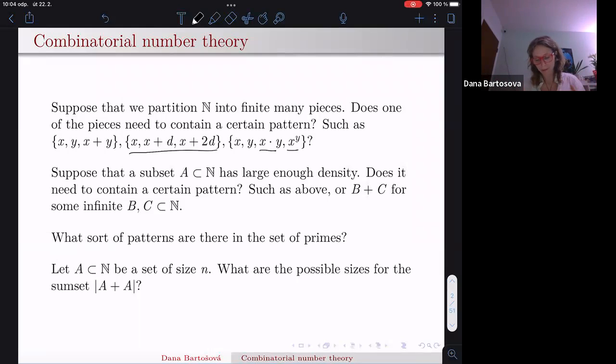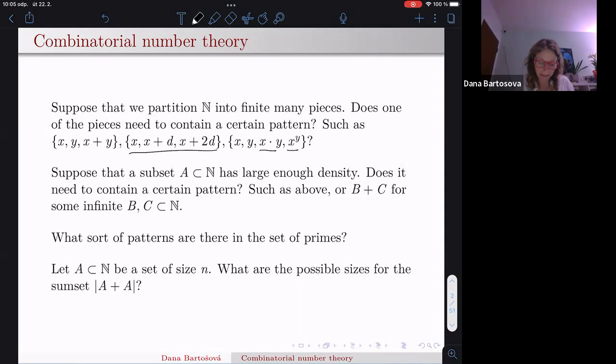What if I have a different notion of largeness, in terms of how frequent the numbers from the set are in initial segments of natural numbers? There are different types of density. We will talk just about the upper density. And again, does this necessarily need to contain a certain pattern?